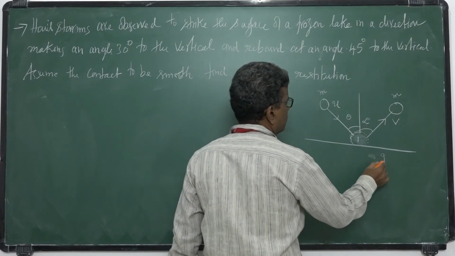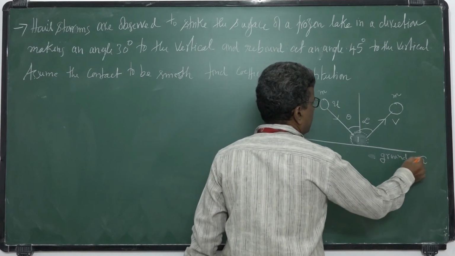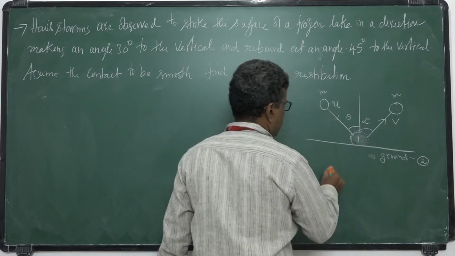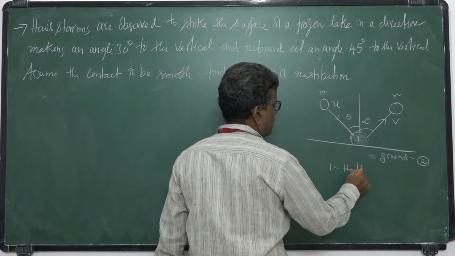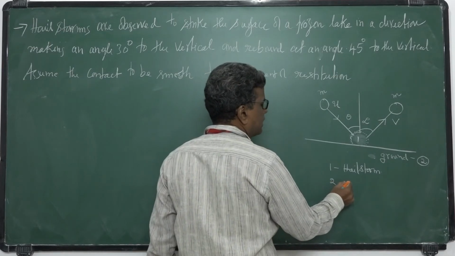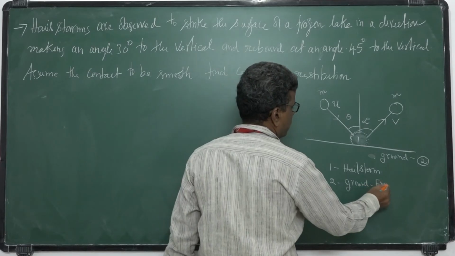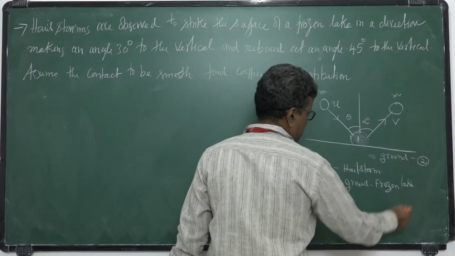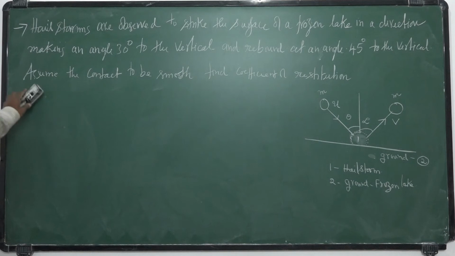So the ground, that is the frozen lake, I take as 2, and 1 I assumed as the hailstone of mass m. 2 is the ground, that is fixed.